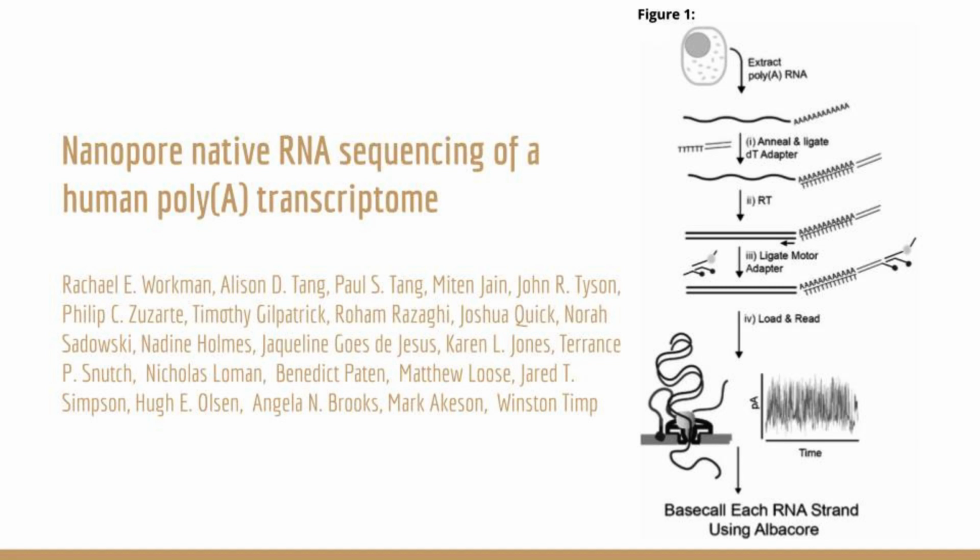The poly-A isolate was adapted for nanopore sequencing by first attaching a proprietary ONT adapter to the poly-A RNA using T4 ligase, then generating poly-A RNA-DNA duplexes by reverse transcription, followed by ligating the adapted poly-A RNA strand into a second proprietary ONT adapter with an RNA motor protein, and finally loading the adapted poly-A RNA onto individual flow cells for sequencing using standard ONT protocol.